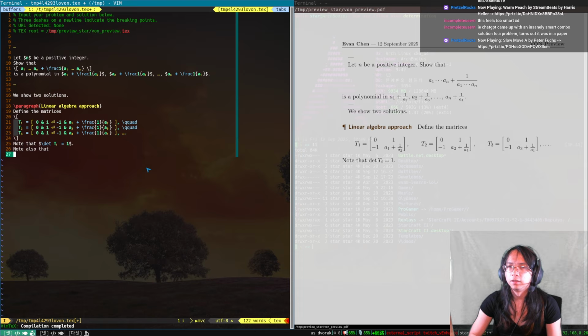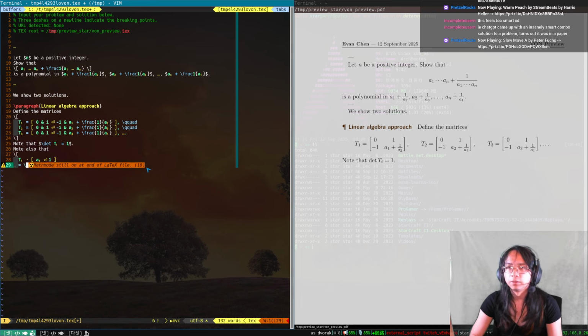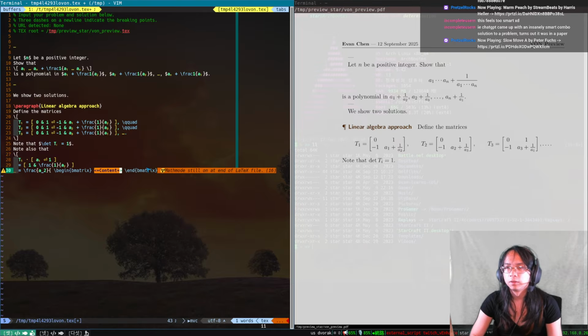Note also that t1 times, so the vector we multiplied on was what? We picked a1 comma 1, right? Equals 1 comma 1 over a2 equals 1 over a2.